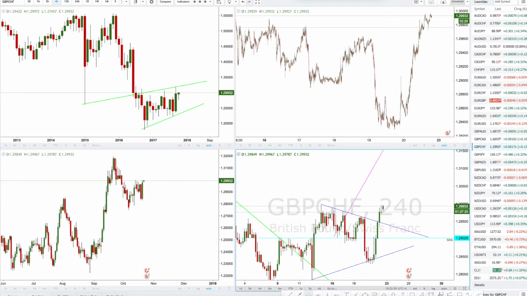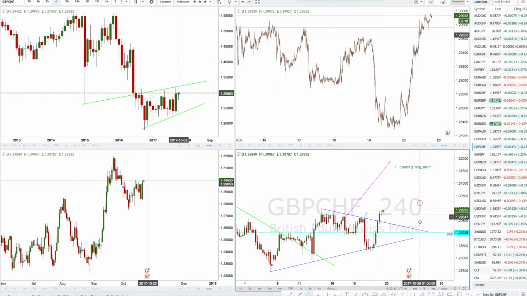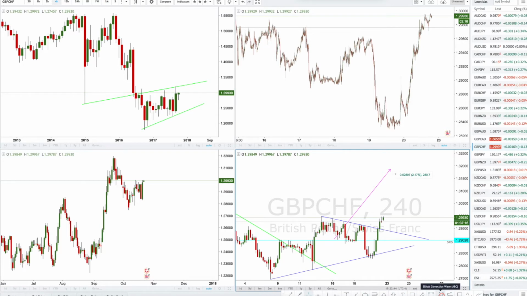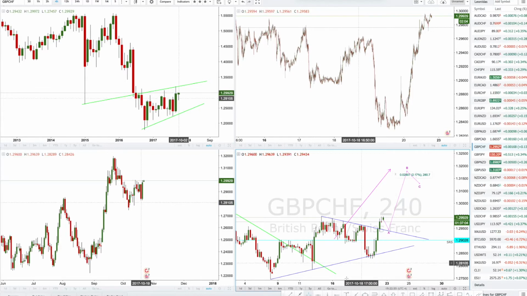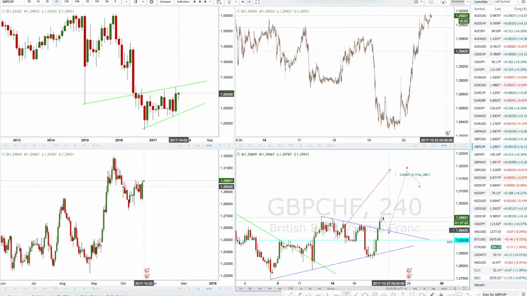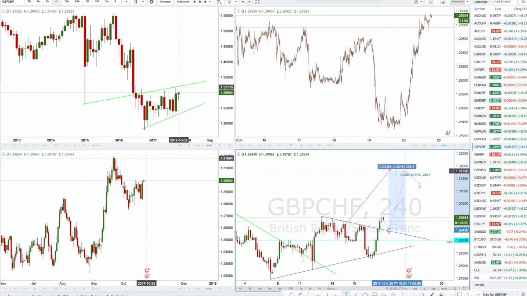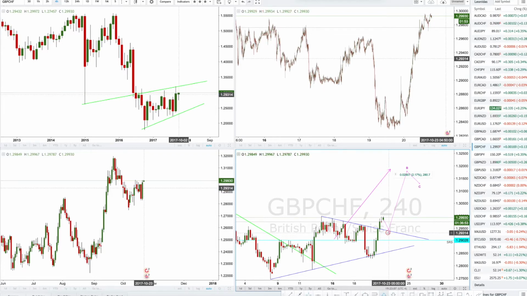So it will look something like this, right? Like this. So that's about 200 pips, I believe, from point A. 230. So this would be the buy zone on GCHF. So we got that one out the way.